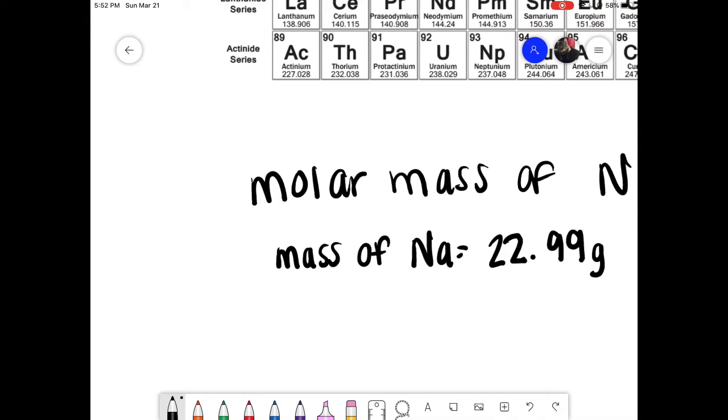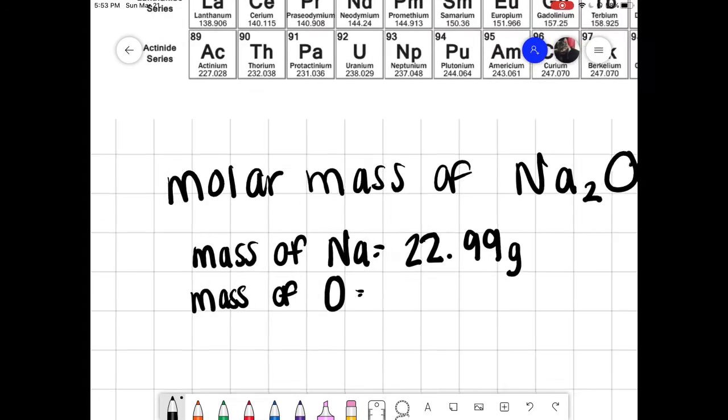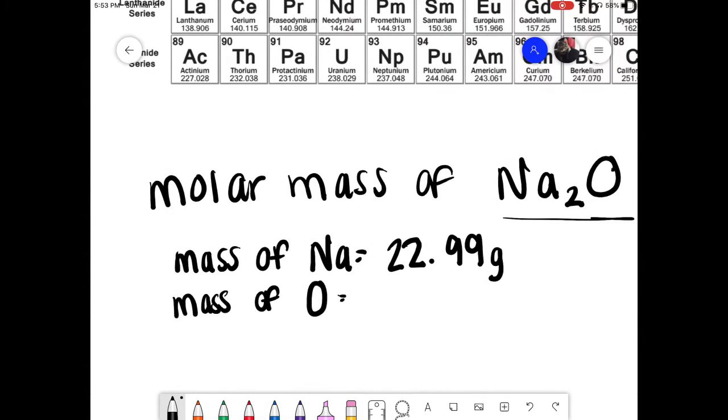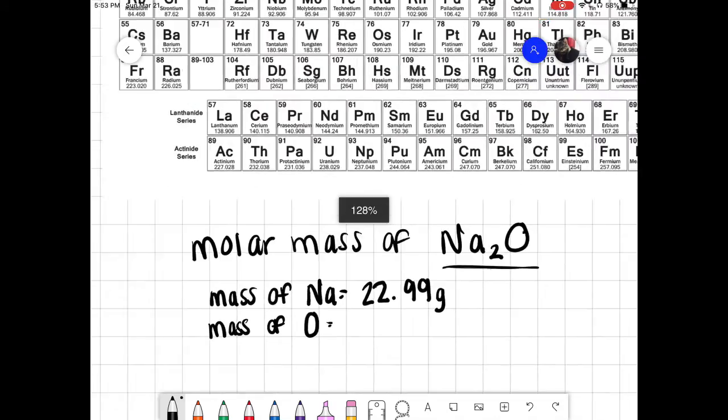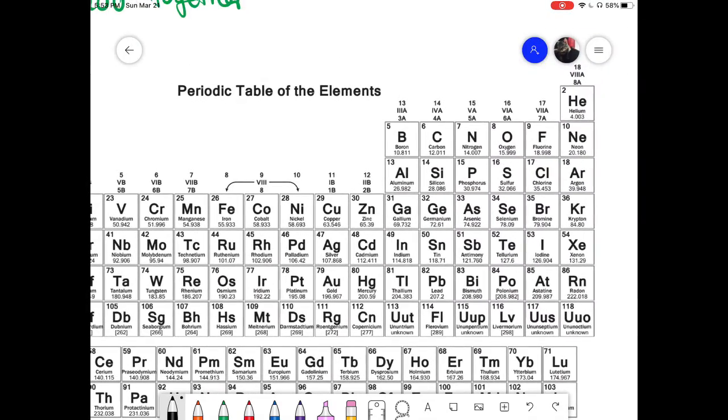grams. Our next step is that we have to find our mass of oxygen, because that is the other element in our molecule of Na2O. So on the periodic table, oxygen, it has the symbol O, and that is right there. Our atomic mass of oxygen is 15.999.